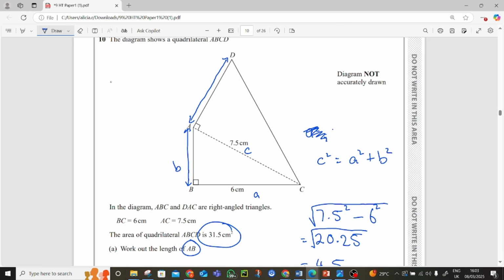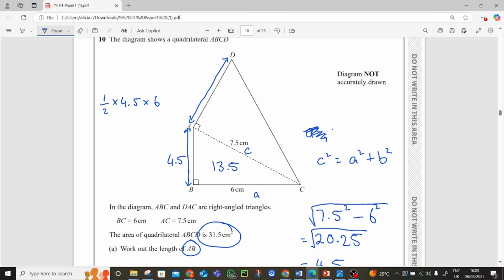So I can work out the area of the triangle at the bottom because I just worked out that this side length here is 4.5. And the area of a triangle is a half times the base times the height. So I'm going to do a half times 4.5 times 6. And this is 13.5. That's the area of that triangle there at the bottom.